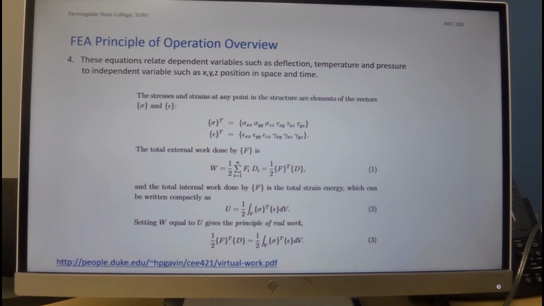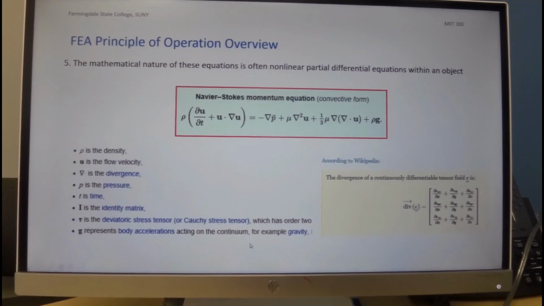We see over here the principle of virtual work showing that the forces times the displacement of the external environment equals the internal virtual work within the element, which is the stresses times the strains integrated over the entire volume.